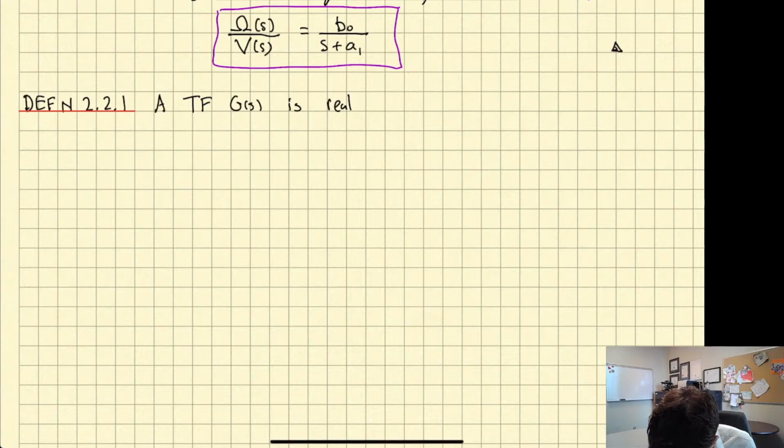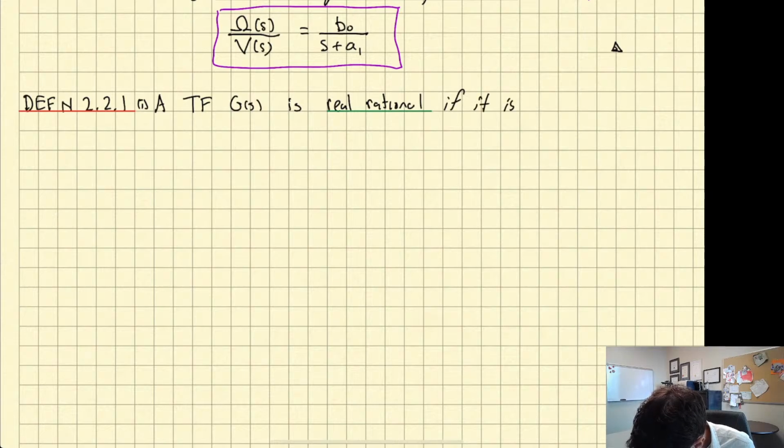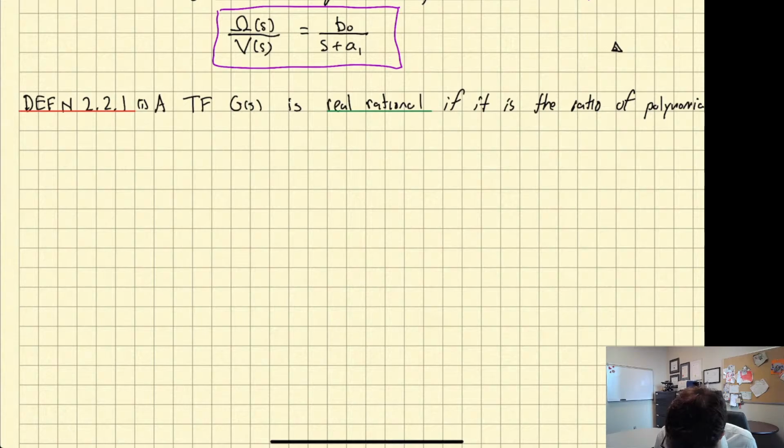This is a three-part definition, so this is part I. It is real rational if it's the ratio of polynomials, in other words, if it's a rational function, the ratio of polynomials with real coefficients.